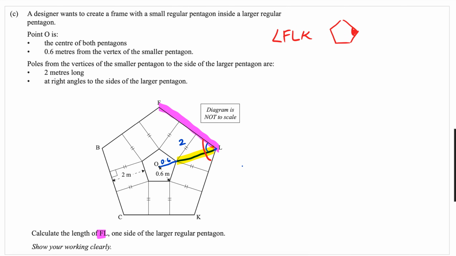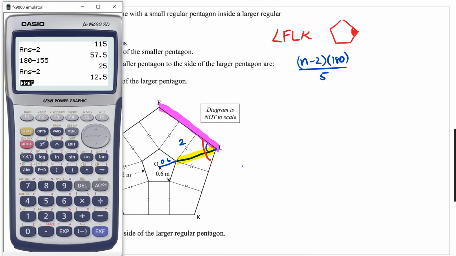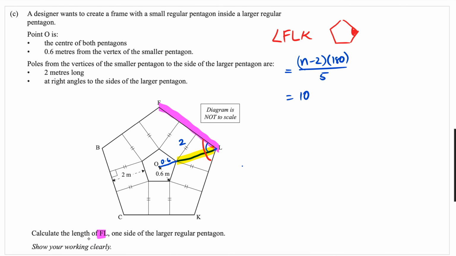To do that, remember that we've got n minus 2, where n is the number of sides, times 180, and then divided by 5. So what do we get? 180 times 3 equals that, divided by 5 equals that. So it's 108 degrees.